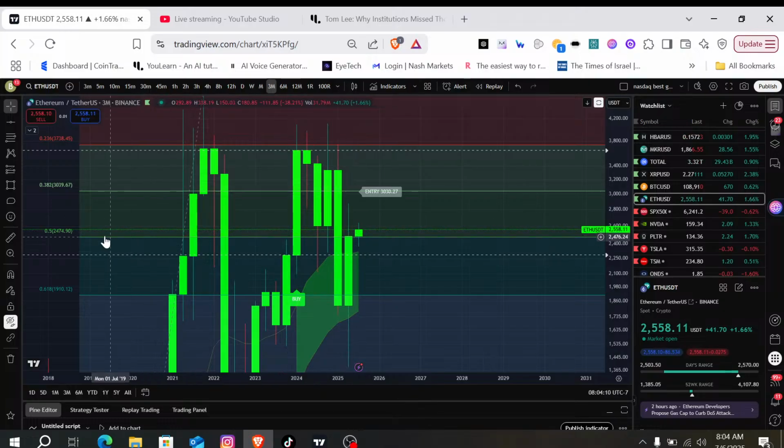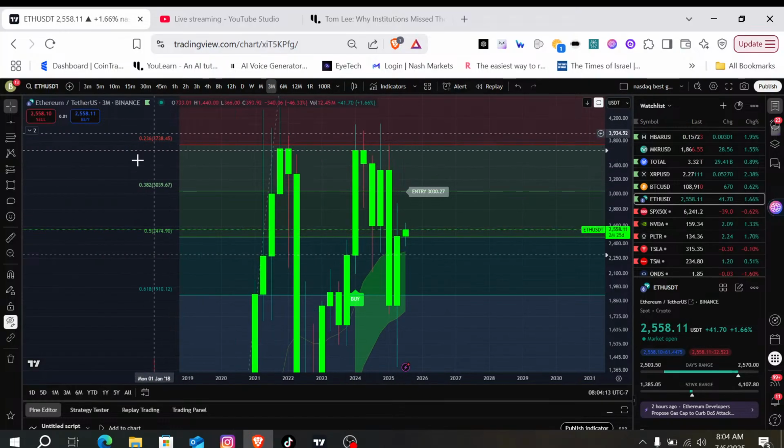Also, instead of having the automatic Fibonacci in the background that appears on every candle, the main area I like to focus on is the 50. So I mark down with this symbol right here on the side, and I put a 50. I mark the candles with colors, so I know which 50 belongs to which candle.